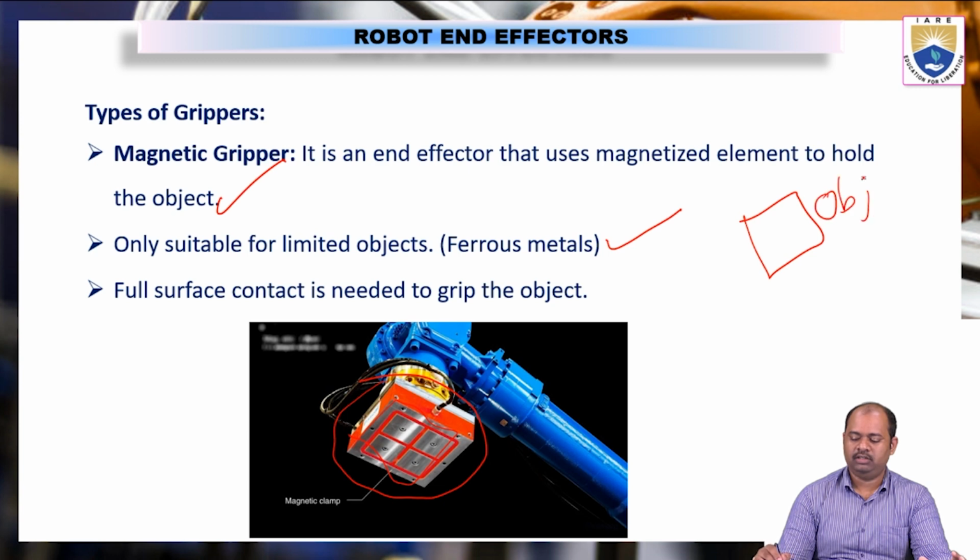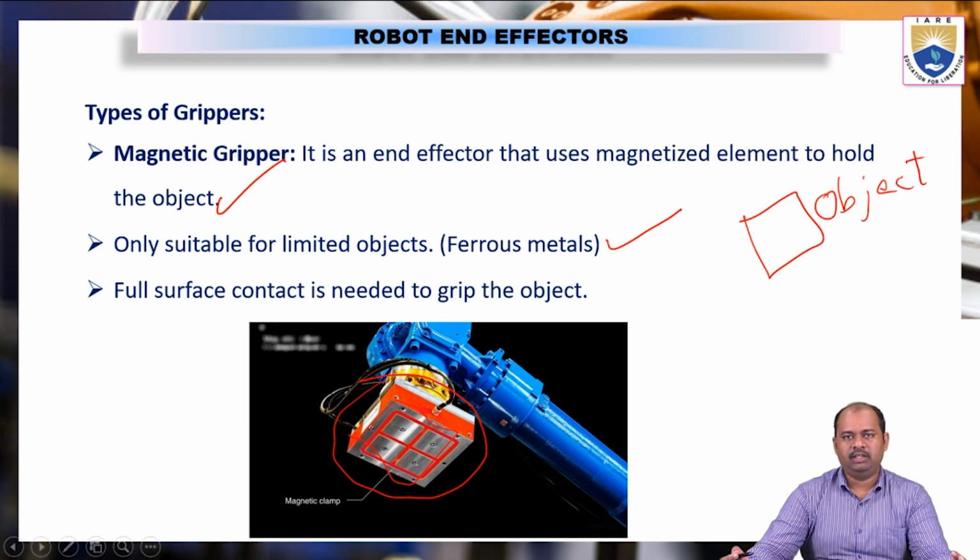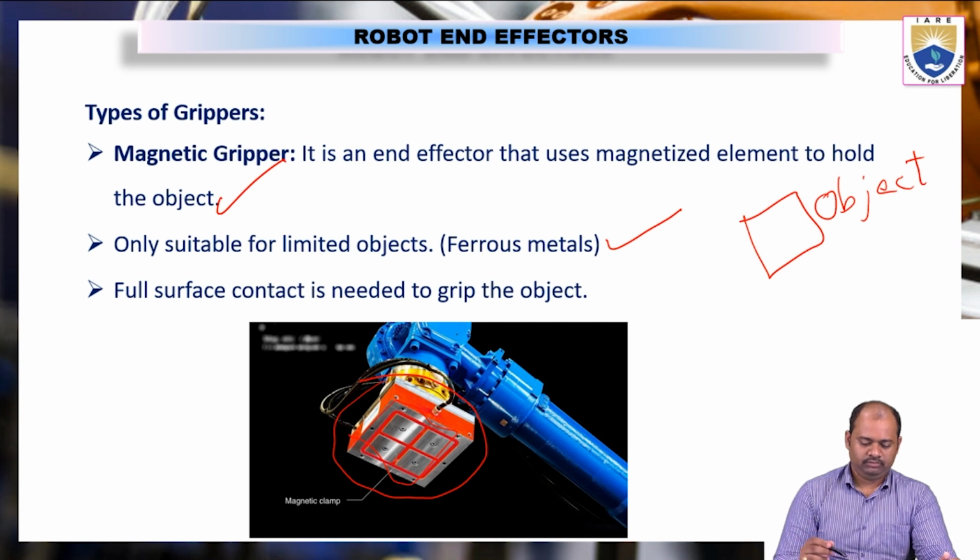Otherwise, it cannot hold the object. Because of the very low power of magnetism available, the objects which can be gripped by using this magnetic gripper are very limited. Only small size objects can be gripped with this magnetic gripper. Okay.